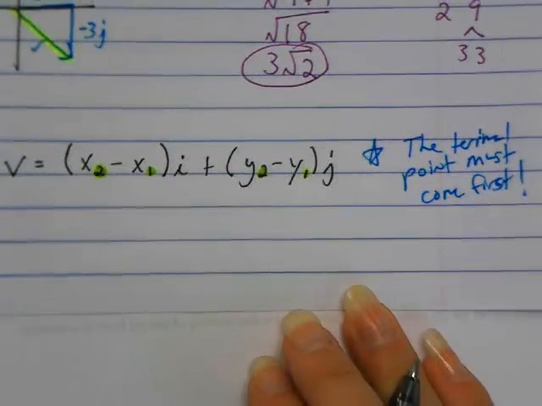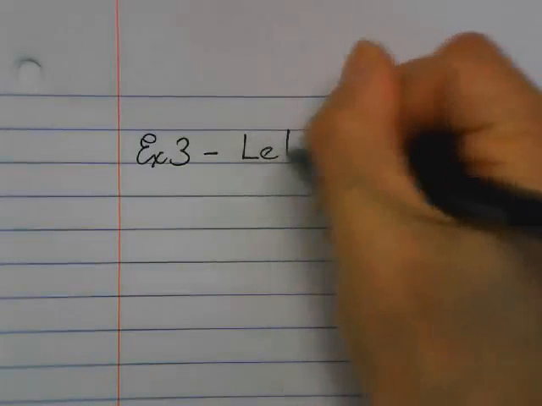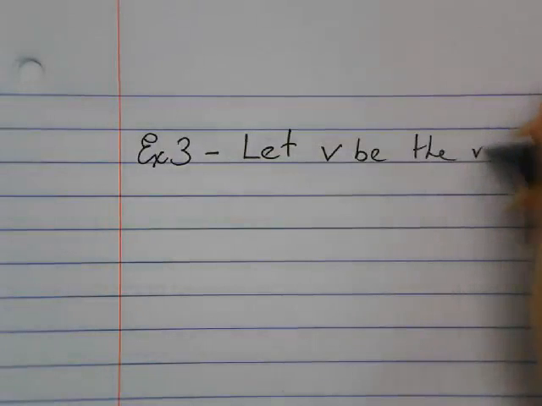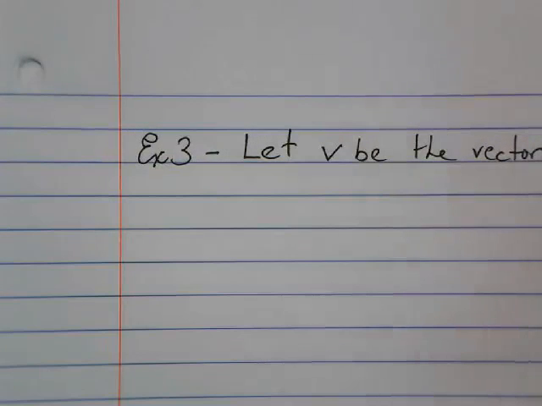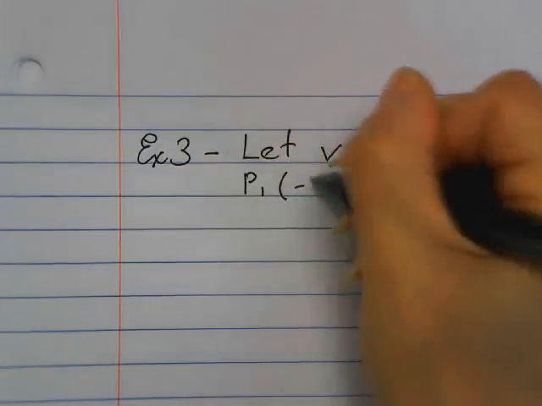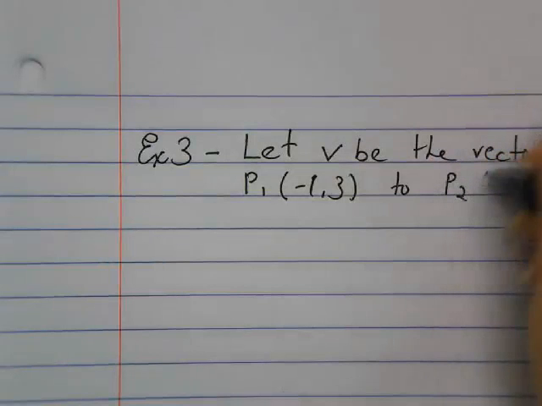Okay, so let's practice that. Example 3. Let v be the vector from P1, negative 1, 3, to P2, 2, 7.